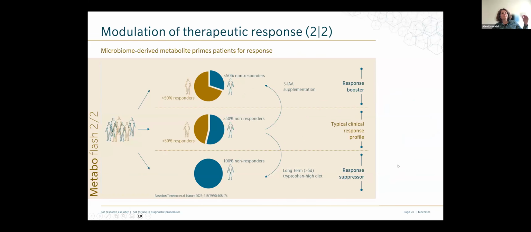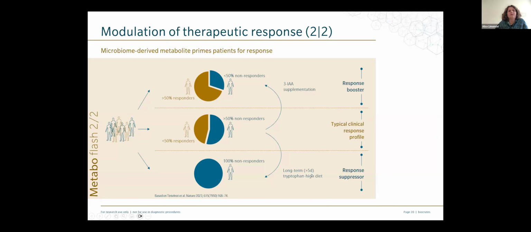But what we see in this example is that from the starting point in the middle, where you have about 50-50 responders and non-responders, depending on the supplementation that you give, you can go to the bottom part here where you actually turn responders into non-responders. And this I didn't show, but if you give tryptophan too long, you actually cancel the response of the responders.